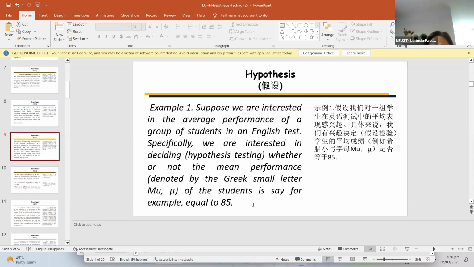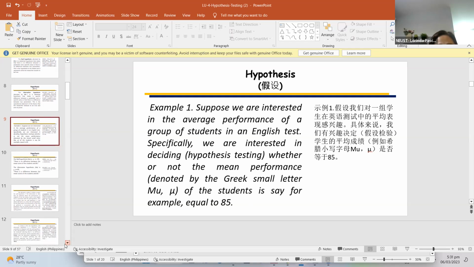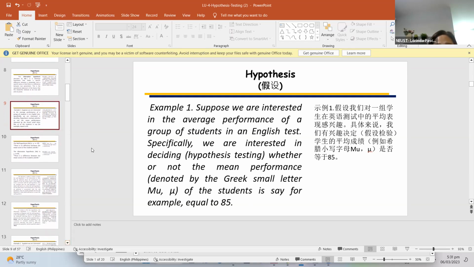So our problem here is to decide whether or not the mean of the students' performance in the English test is equal to 85.